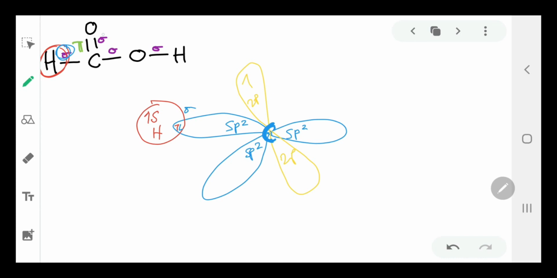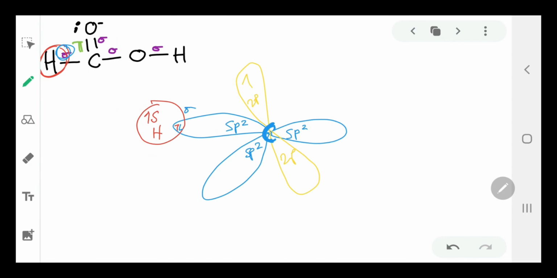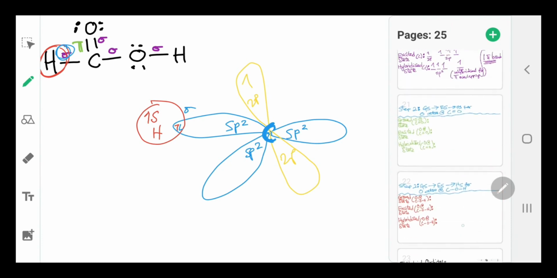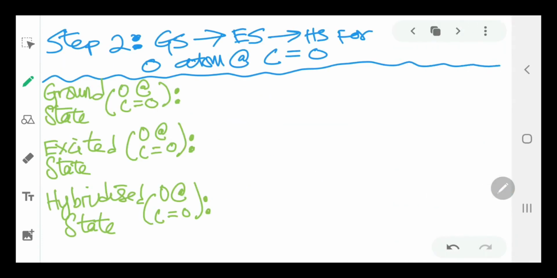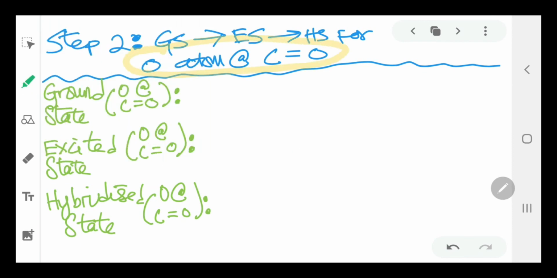So what about the other? Don't forget your lone pair. We're going to do this one first, the oxygen atom in the C double bond O. It has 2s, 2p, 3, 4, 5, 6.